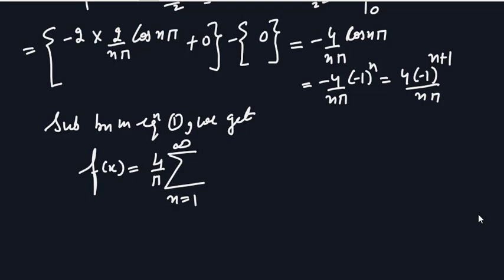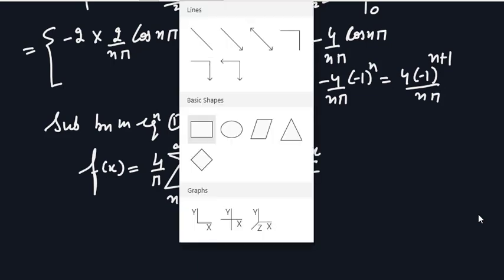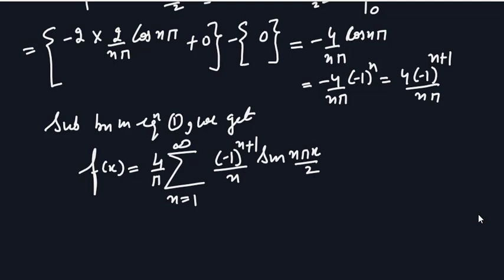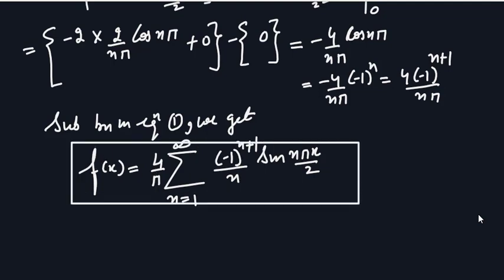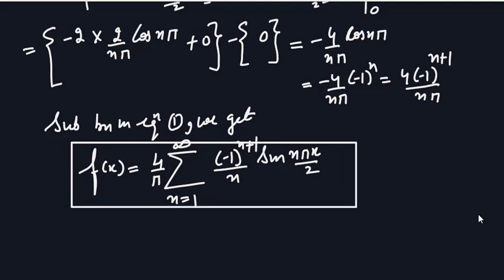Inside, I will write minus 1 raised to power n plus 1 divided by n into sine of n pi x by 2, which is the required Fourier sine series. This is your problem number 1.